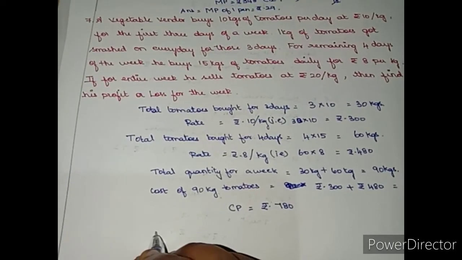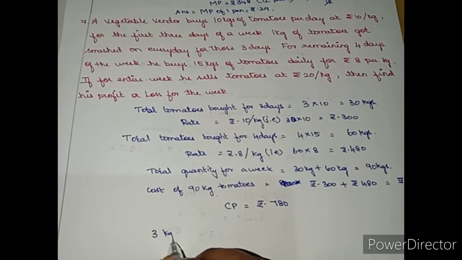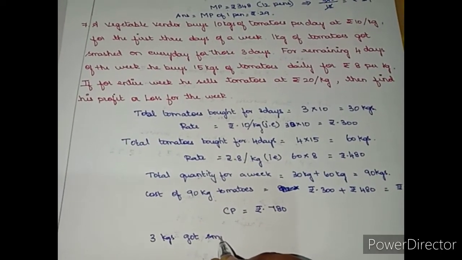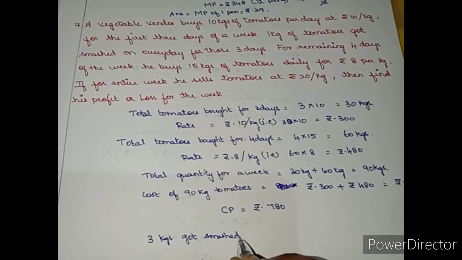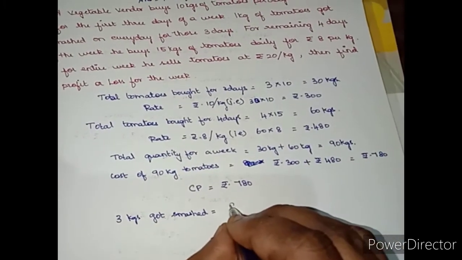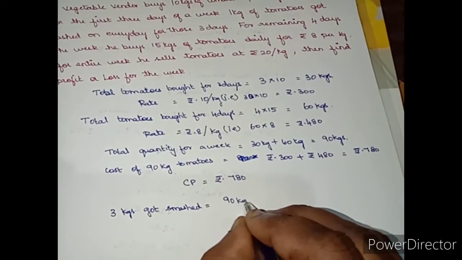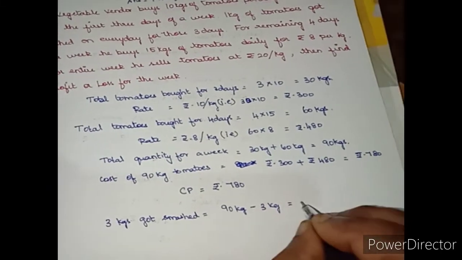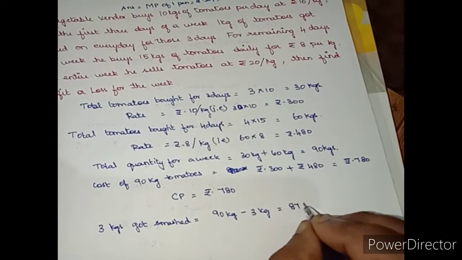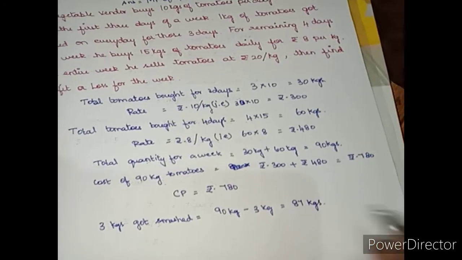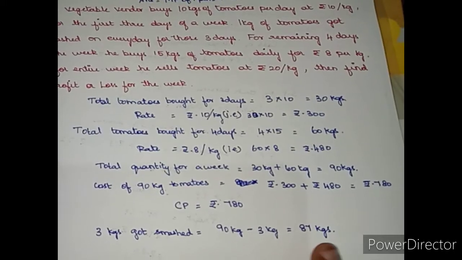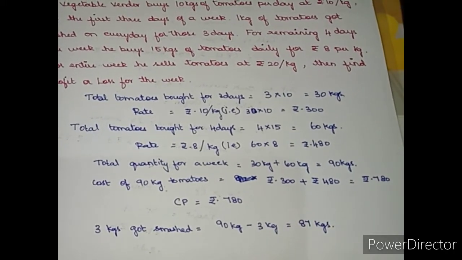So 3 kg got smashed, correct? So 90 kg minus 3 kg. It is 87 kg he sold. Okay, so how much kg he has sold? He has sold 87 kg of tomatoes.